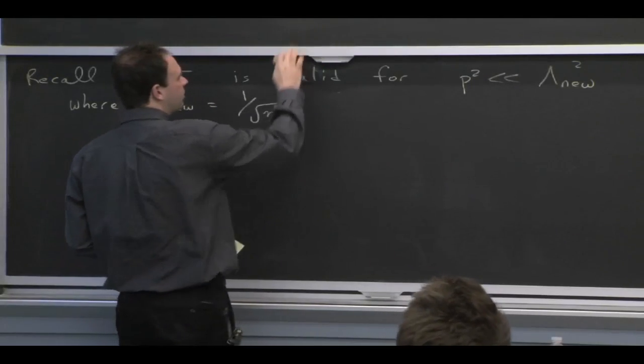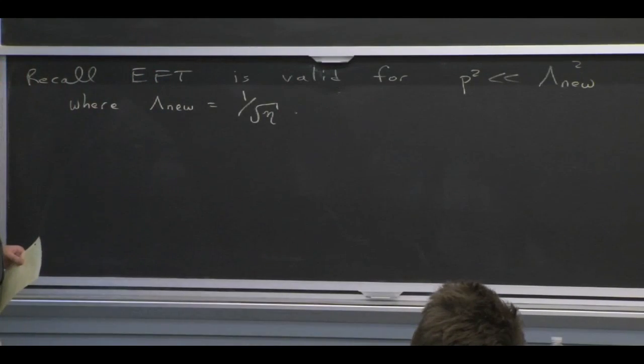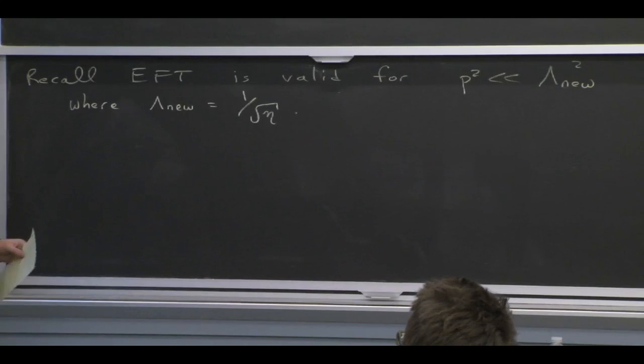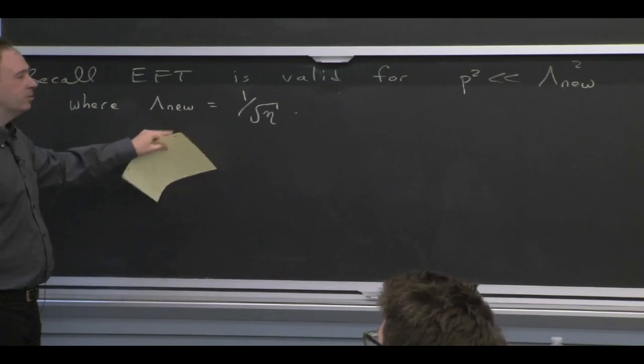And the reason that we don't have to worry so much about this ghost Lagrangian is that these ghosts are going to get mass that's of the size lambda nu.